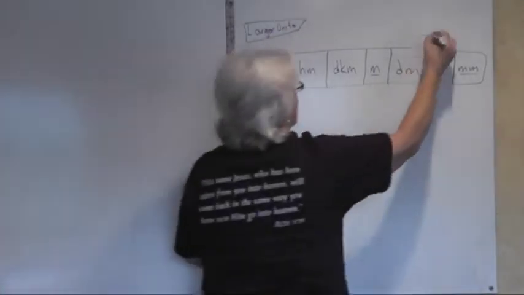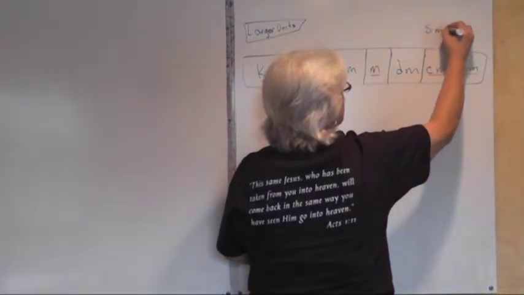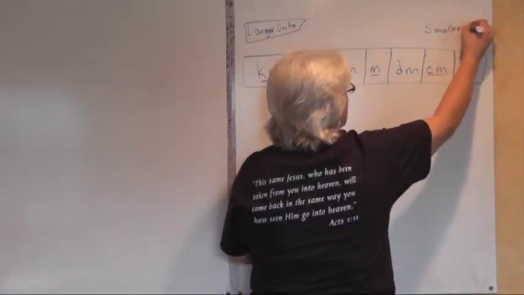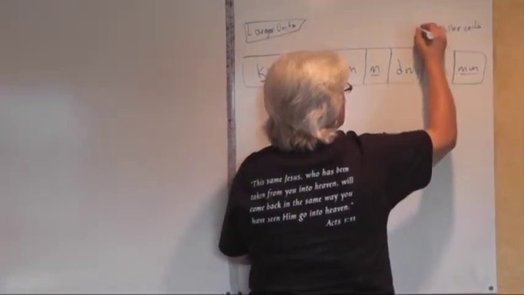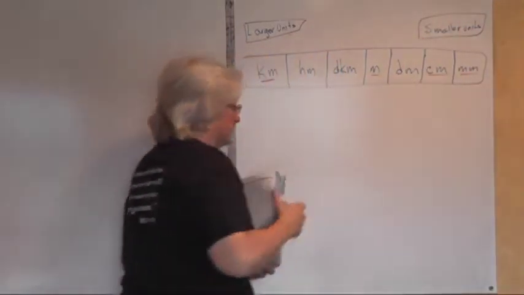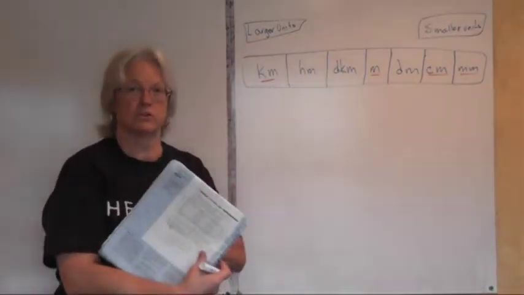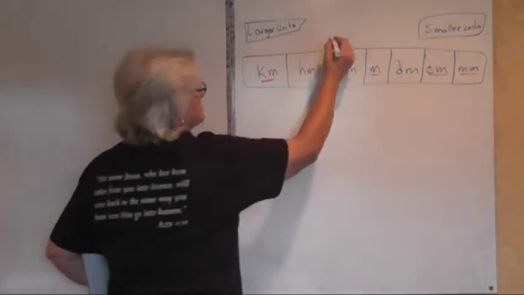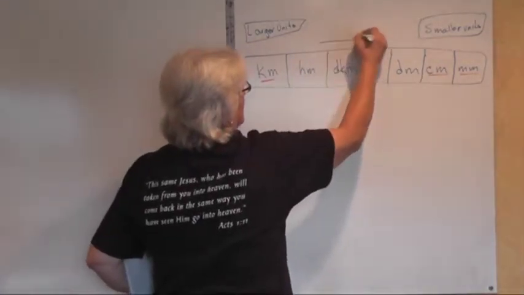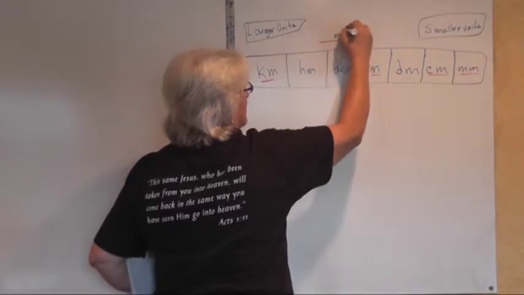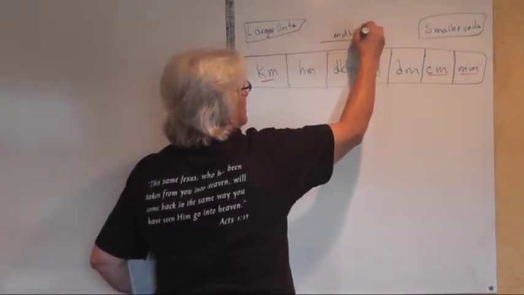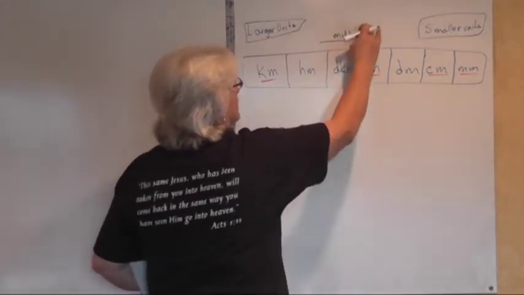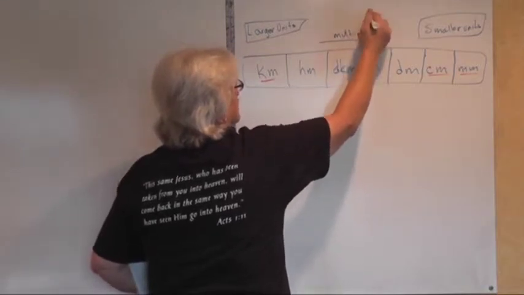Larger units are on the left. Smaller units are on the right. Look at your chart. Multiply when you go from larger to smaller. Divide when you go from smaller to larger.